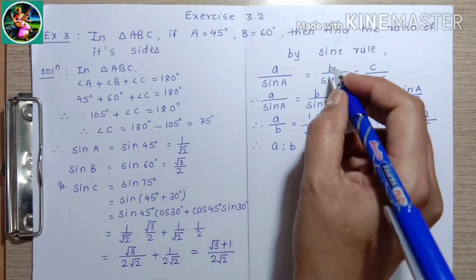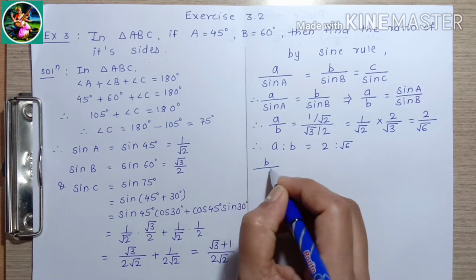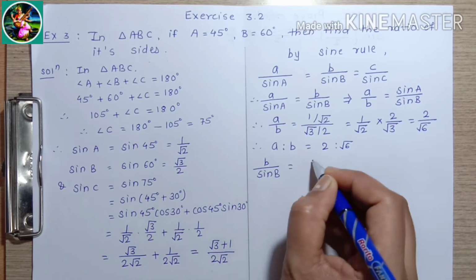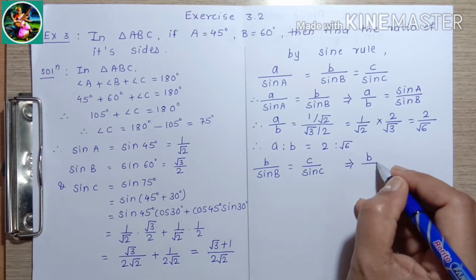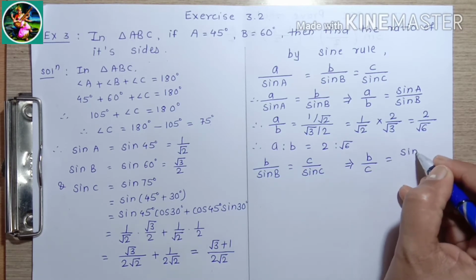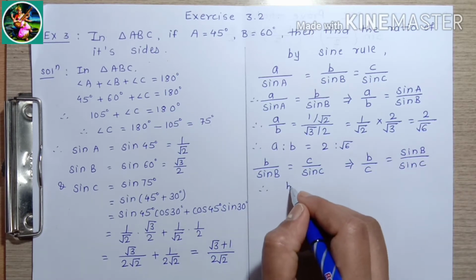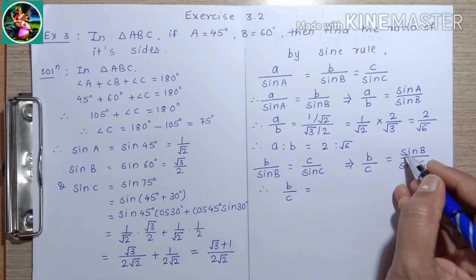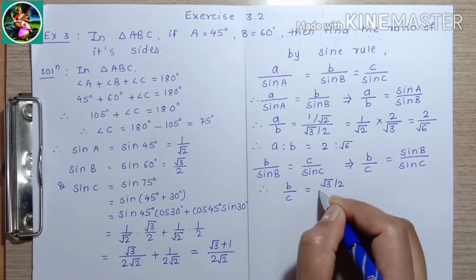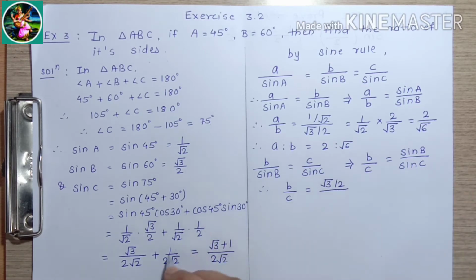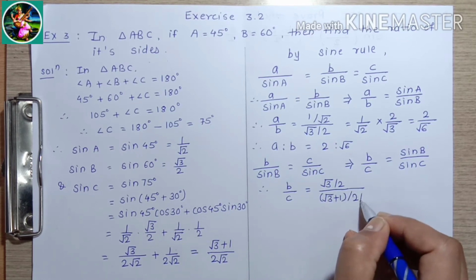Now we consider the other two ratios, that is b divided by sine B is equal to c divided by sine C. This can also be written as b divided by c is equal to sine B divided by sine C. Therefore, b upon c is equal to the value of sine B, root 3 divided by 2, divided by the value of sine C, root 3 plus 1 divided by 2 root 2.